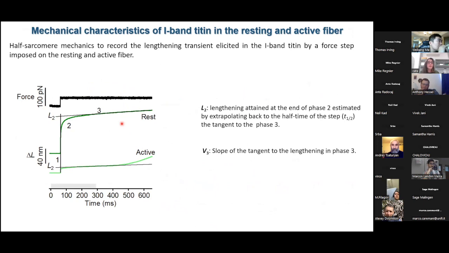And through the analysis of the lengthening parameters, such as L2, the lengthening attained at the end of this phase 2, obtained by back-extrapolating at the half time of the step the tangent to the third phase of the transient, or the velocity in this third phase, V3, given by the slope of the tangent, we discovered some amazing half sarcomere behavior.